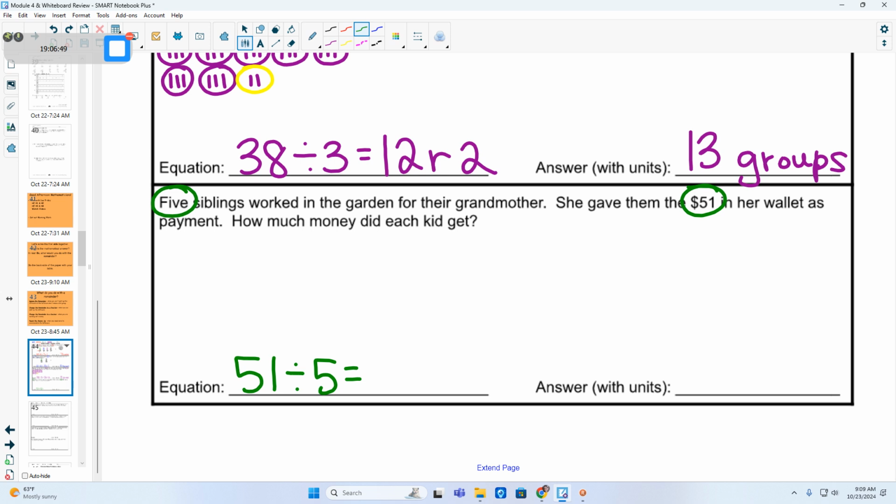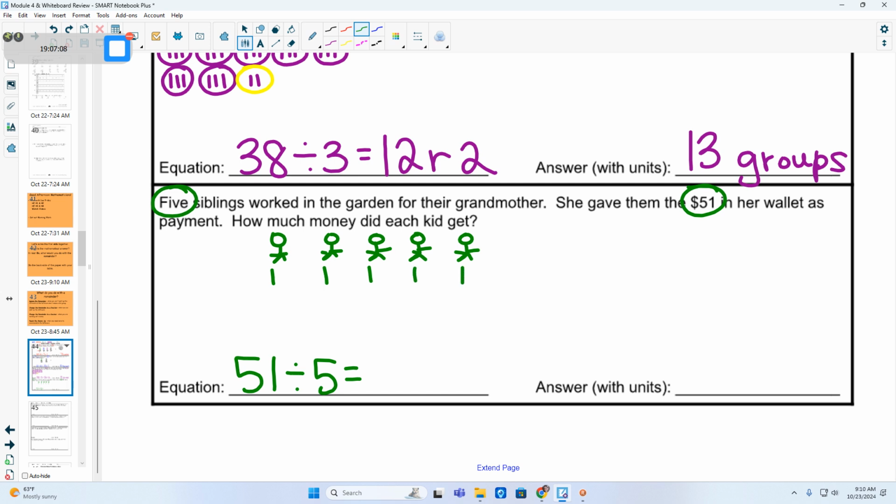I can already tell the answer is going to be 10 with a remainder because 10 times 5 is 50. But don't forget, you could also draw like the 5 siblings, right? And grandma could give them each, right? $1 for you, $1 for you, you, and you.